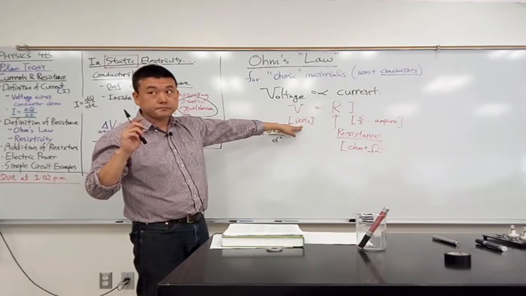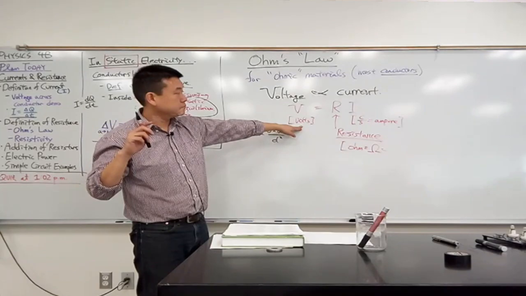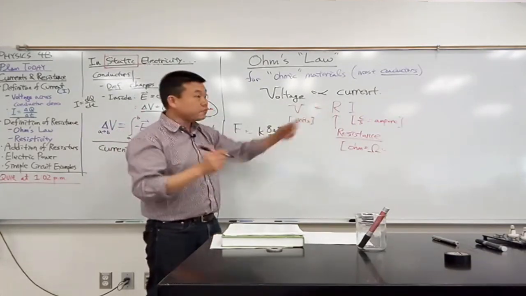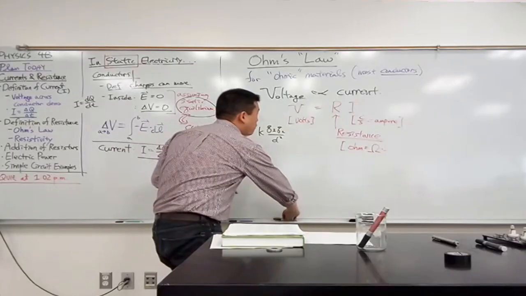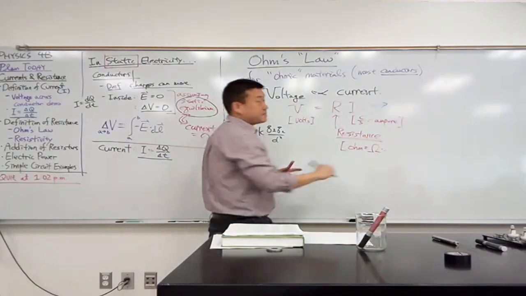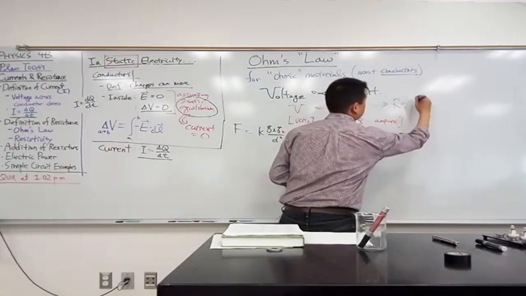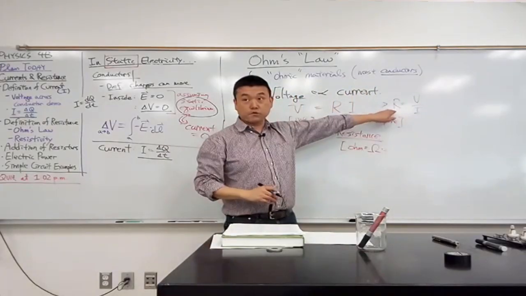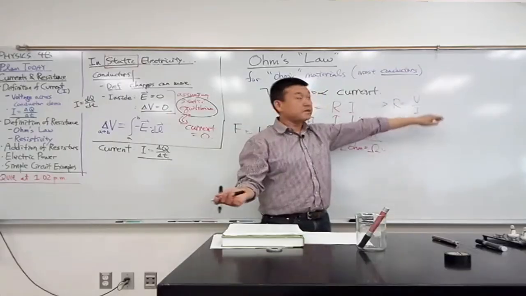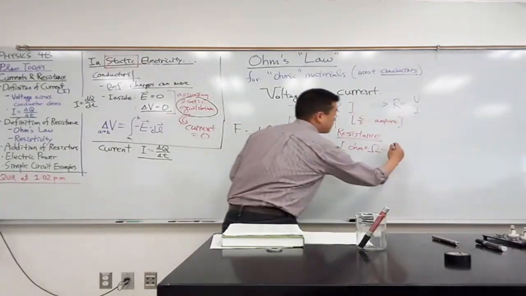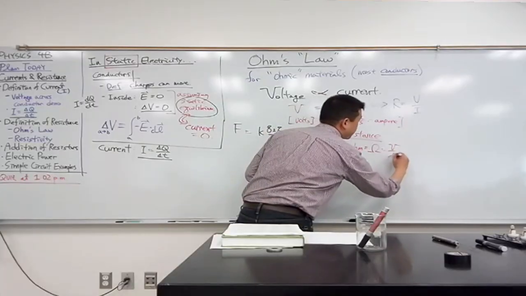I was dividing it by current. Oh, I see. You are imagining solving this for R. You can do it that way. If you solve Ohm's law for R, taking it as the definition of resistance R, then you would say R is equal to V divided by I. So the unit of ohm would be the unit of voltage, volt, divided by the unit of current, ampere. So you could say that 1 ohm is equal to 1 volt per ampere.